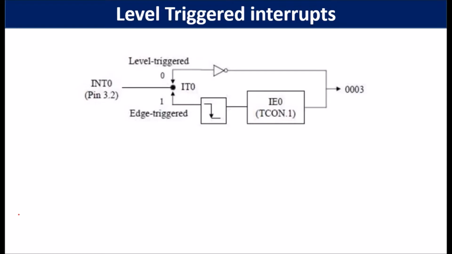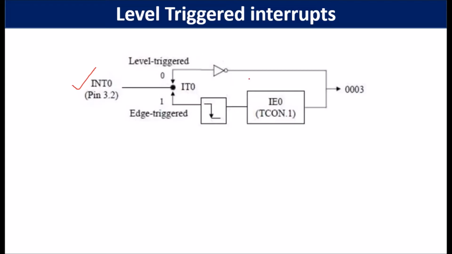This is a conceptual diagram to understand the working of the external hardware interrupt. This diagram is for the INT0 interrupt, which is at pin P3.2. We can use a level triggered interrupt or an edge triggered interrupt. Level triggered interrupt means we have to give a logic 0 at the pin.